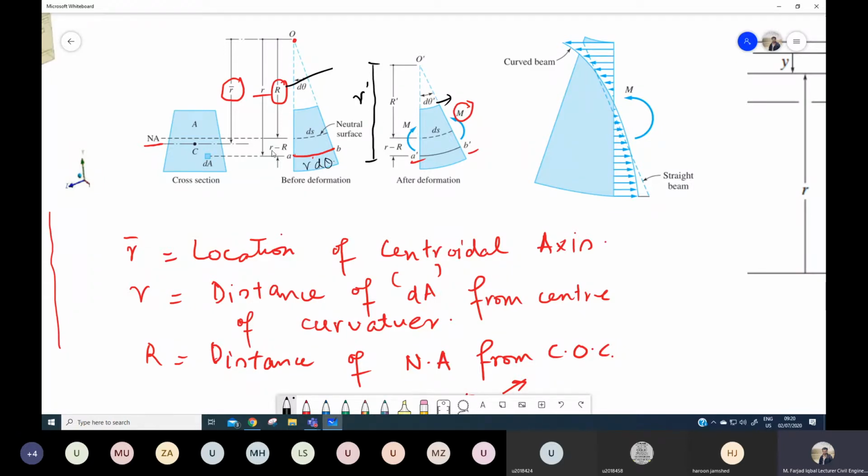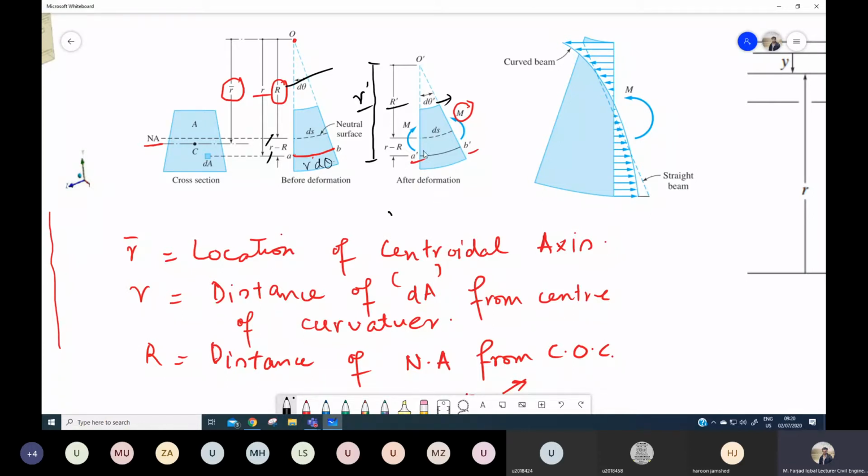We will assume that this difference, which is the difference between the neutral axis distance and this AB distance, will remain almost similar, because maybe this R will change and this r dash will also change, but the difference between them will remain similar to what we have before and after deformation. Although it is possible that it can change a bit, for the sake of derivation we would assume that these distances remain the same.